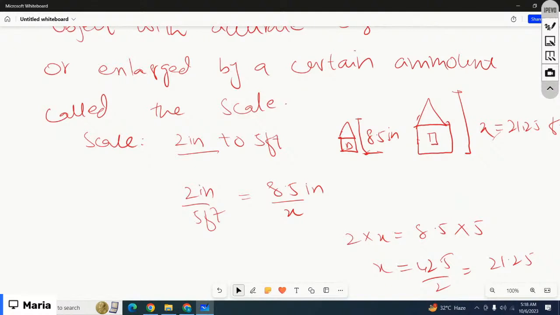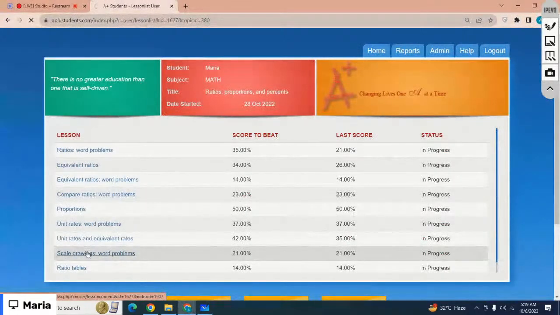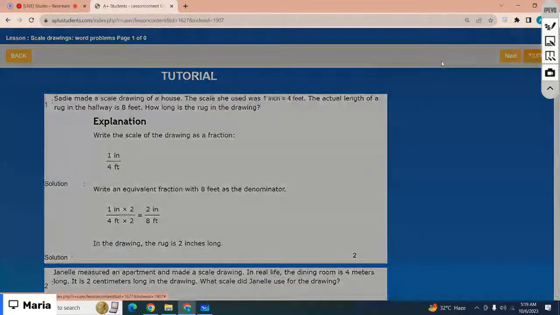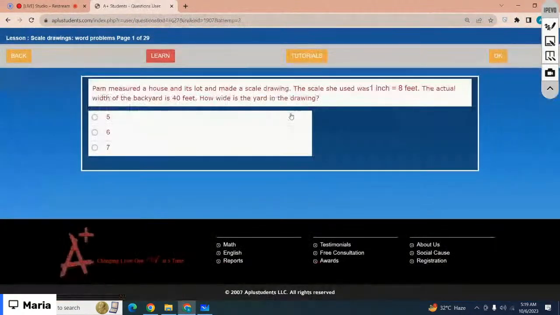Okay, let's just start with the practice questions. Okay, Pam measured a house and its lot and made a scale drawing.